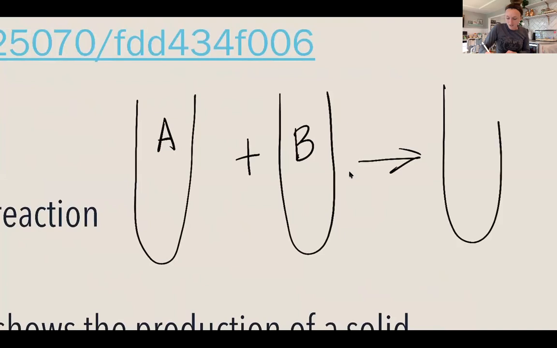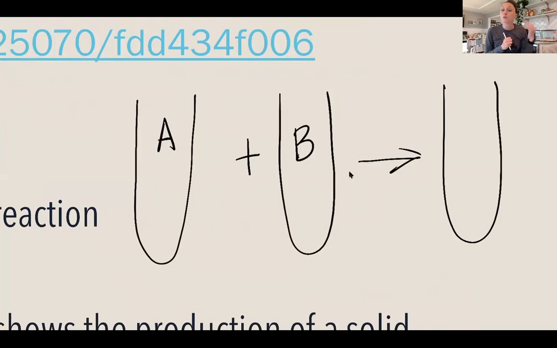And then they showed us what the product of the reaction would look like as well. So draw me a diagram like this, but obviously filled in with what things would be in each test tube, of what the potassium iodide looks like, what lead 2 nitrate solution looks like, and then what your product would look like on a particulate level.